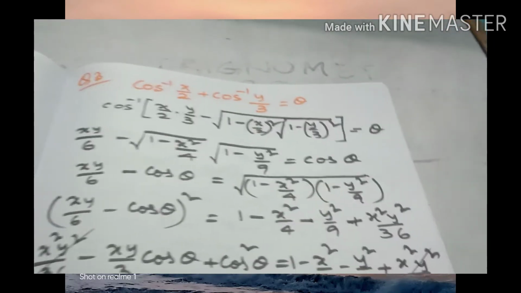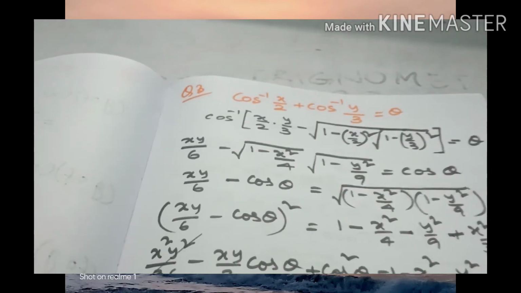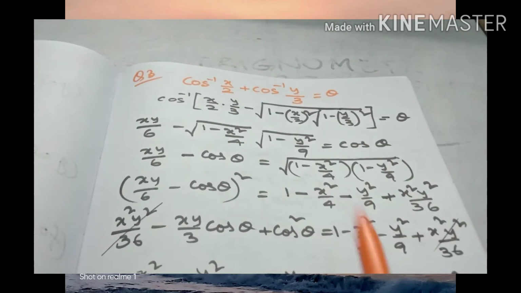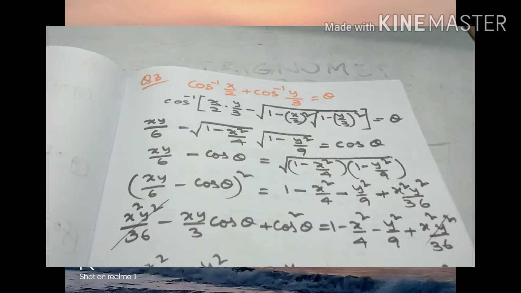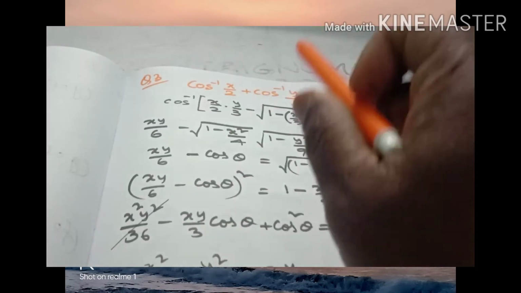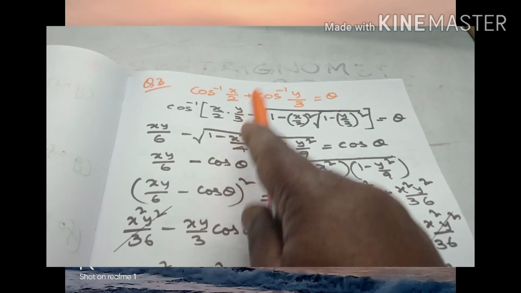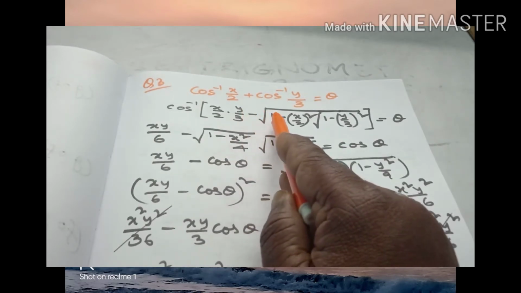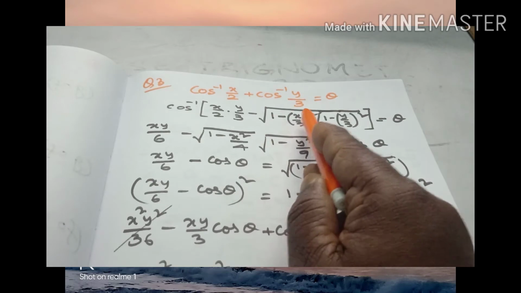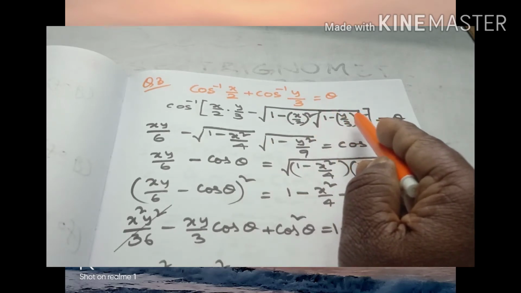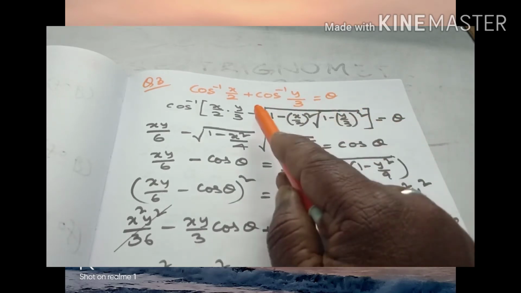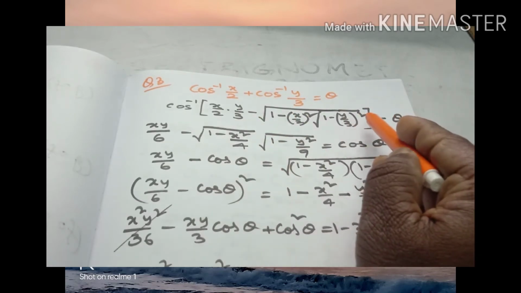Question number 3. Here this was given, we have to prove a given identity. In this question, cos inverse x by 2 into y by 3 minus under root 1 minus x square into 1 minus y by 3 whole square. So this is the formula of cos inverse x plus cos inverse y. Formula has been applied.